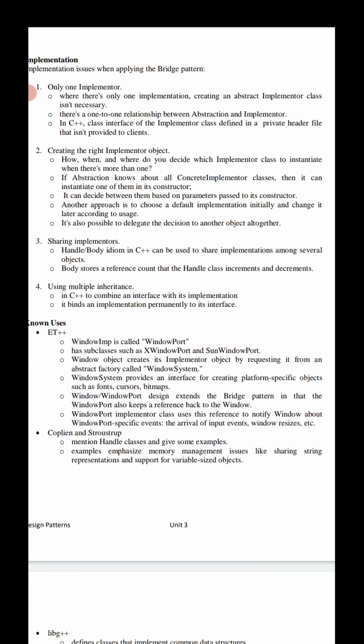Its responsibility is to encapsulate platform specifics, so the factory knows what kind of window implementer object to create for the platform in use. The window simply asks it for a window imp, and it returns one. The benefit of this approach is that the abstraction is not coupled directly to any one of the implementer classes.